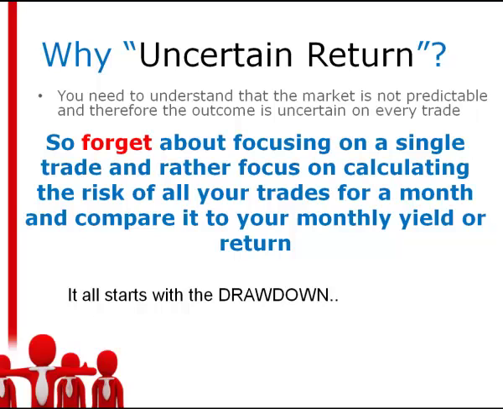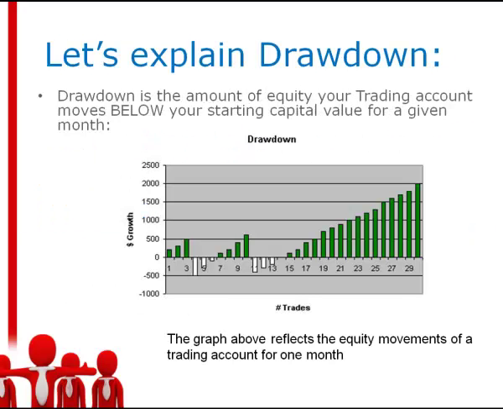You don't have a crystal ball. So forget about focusing on a single trade, and rather focus on calculating the risk of all your trades for a month and compare it to your monthly yield or return. And this all starts with a drawdown. So basically, instead of calculating the risk on a single trade, rather calculate the risk on all your trades for a month. And this is how we would do it.